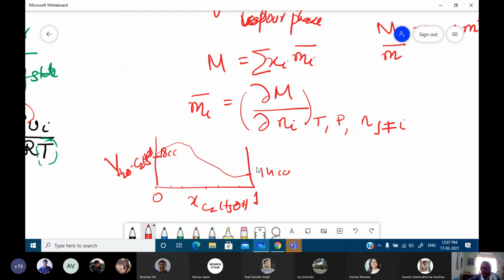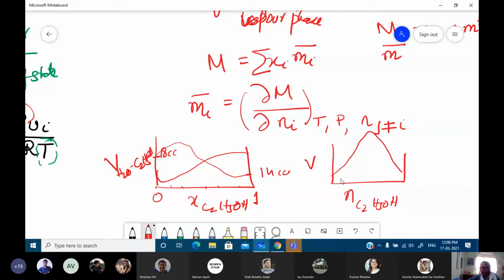In the other way, suppose I add 1 mole of ethanol, again I'll find the variation to be erratic. So the contribution of the molar property also depends upon the composition of the mixture. Even for volume, if I plot it against N of C2H5OH, this is going to be something of this sort.